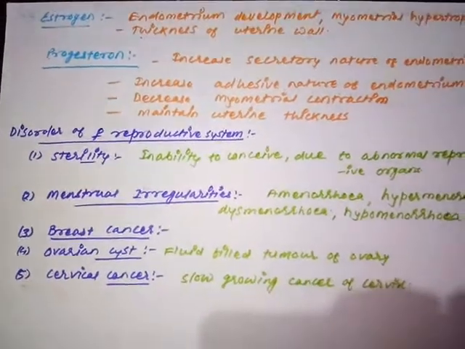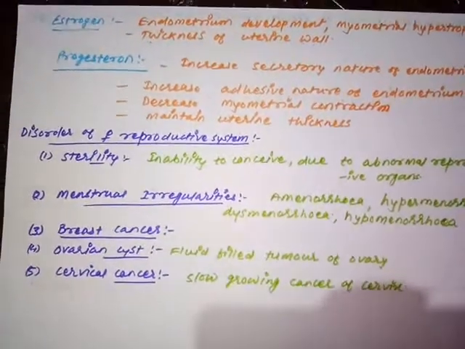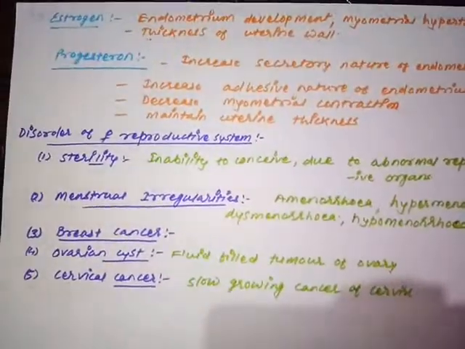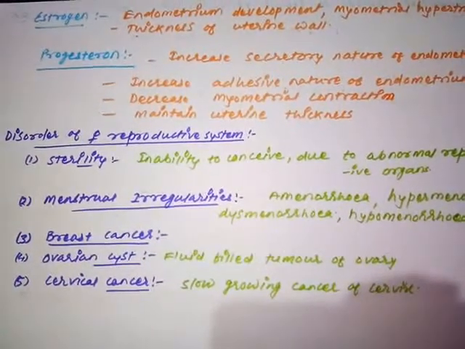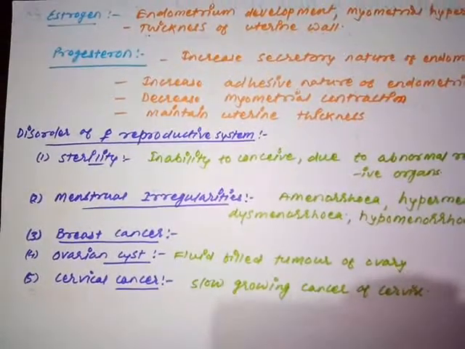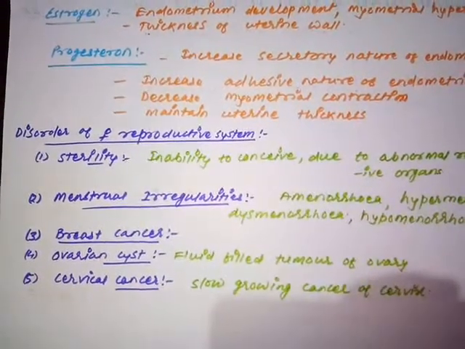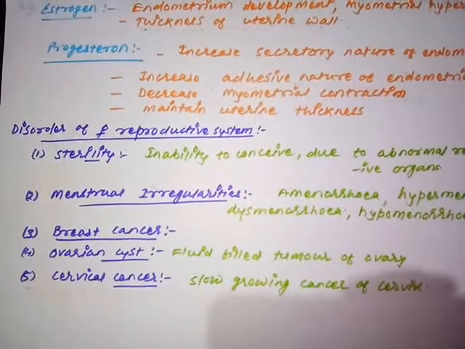In the case of females also, what we have seen is that the GnRH released by the hypothalamus acts on the anterior lobe of the pituitary, which releases FSH and LH, that will work on the ovary. In turn, the ovary will release estrogen and progesterone.